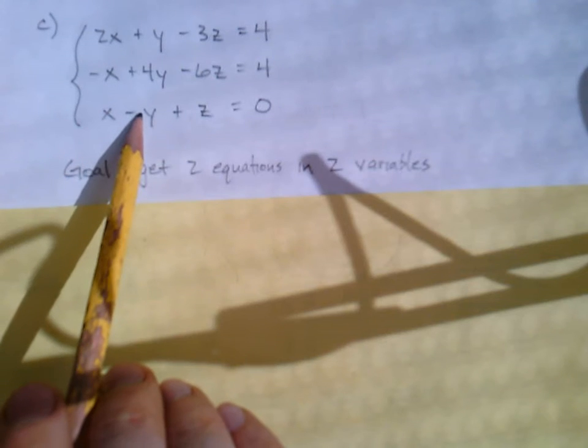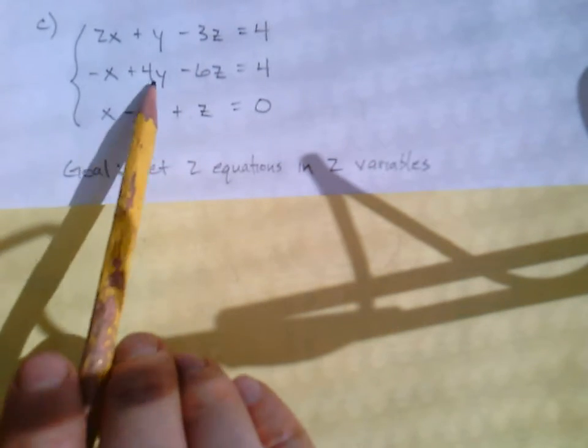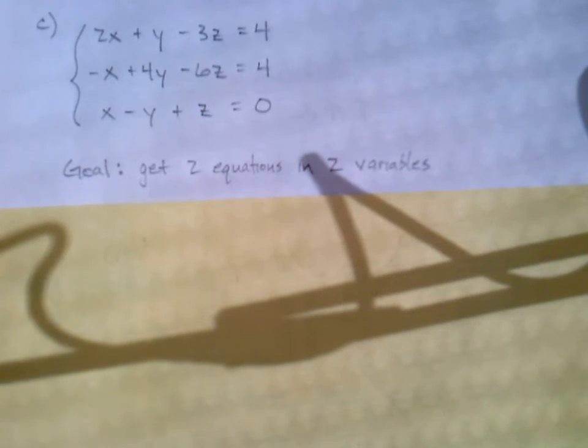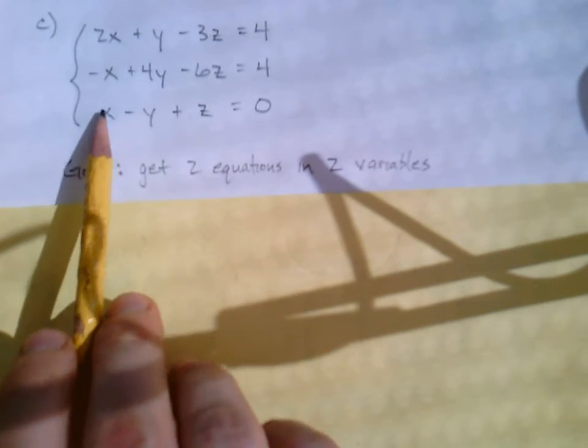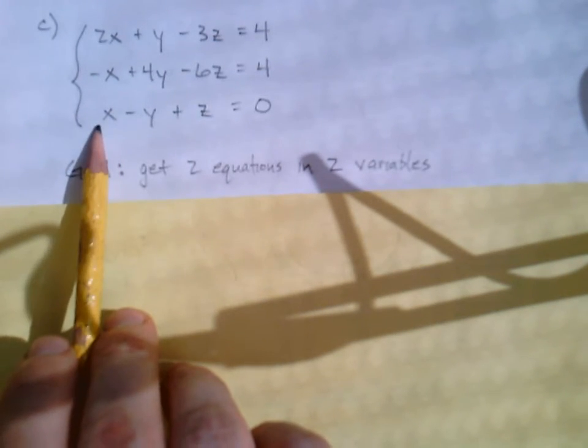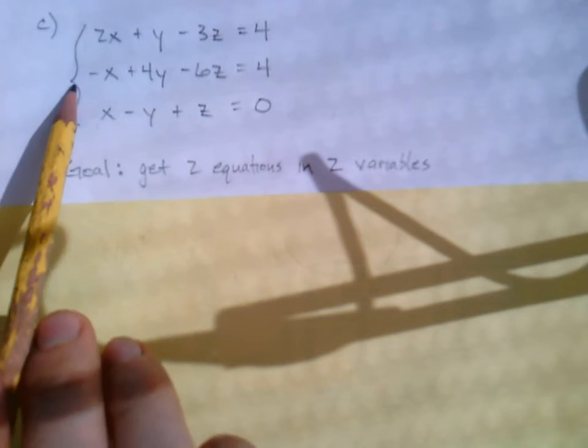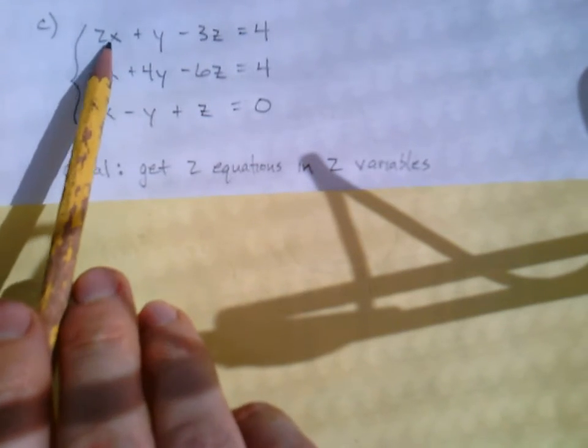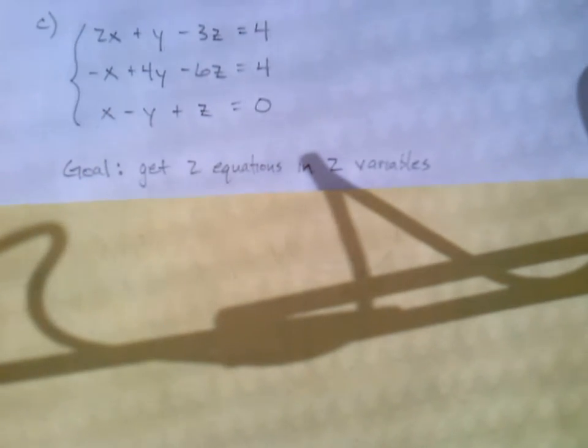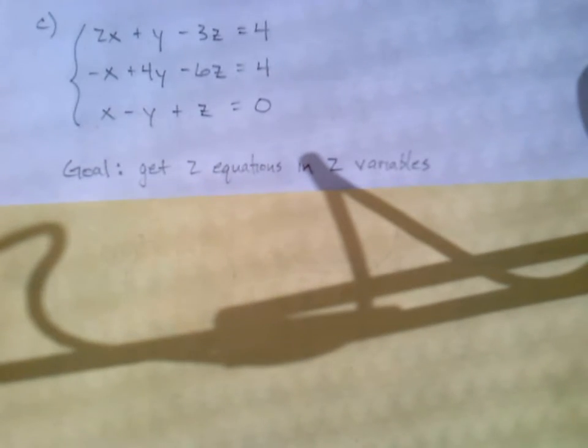And then I can multiply this by 4 and put it with equation 2, eliminate y. That'd be two pairs. Or you might say, hey, x, I could just add 2 and 3 and eliminate x. And then another way, I can multiply by 2 and add it with this and eliminate x. All good ideas. And none of them is really any more difficult than the other, I wouldn't say.